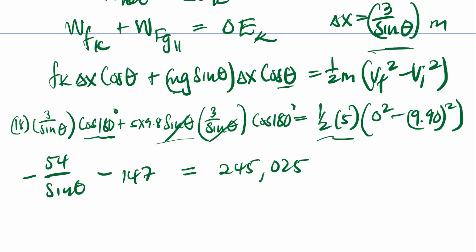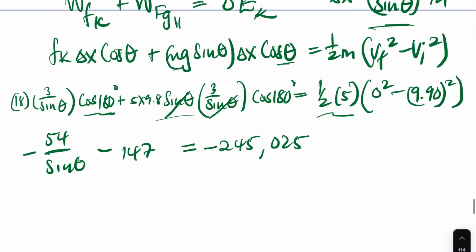Okay, let me do it this way. Yeah, that's what we're going to have. This is going to be negative, and I take this to this side. So I'll say in the answer plus 147.